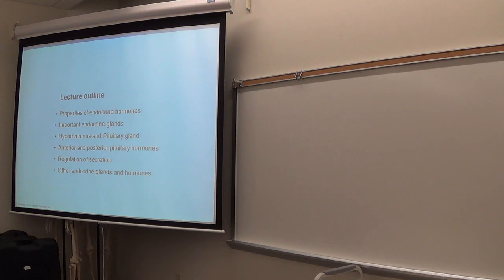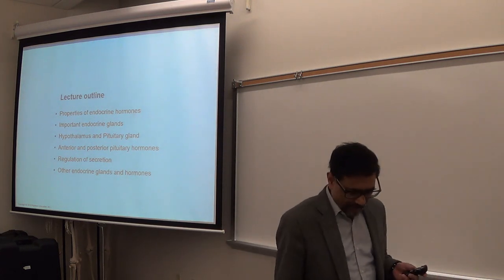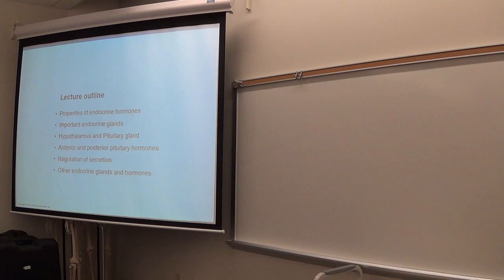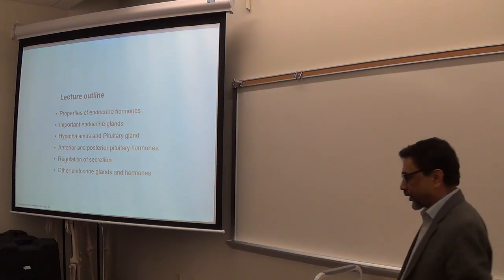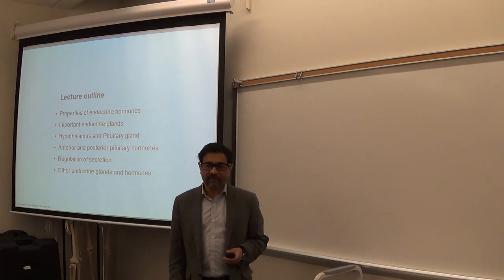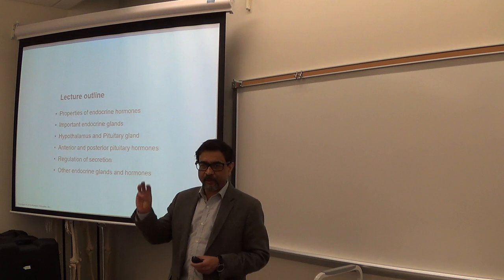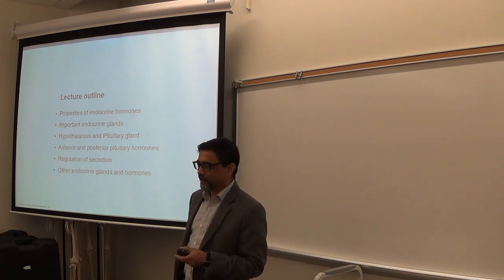Okay, so everybody, this is the last lecture, endocrine system. You know that endocrine system is one of two control systems of your body, right? Nervous system and endocrine, those are two control systems.